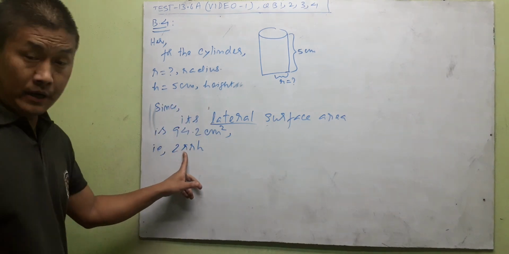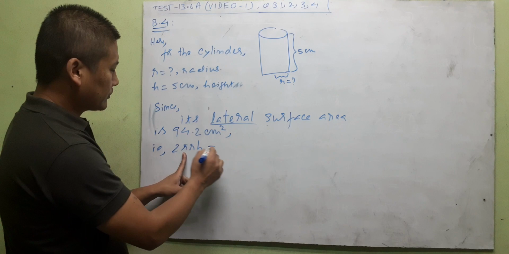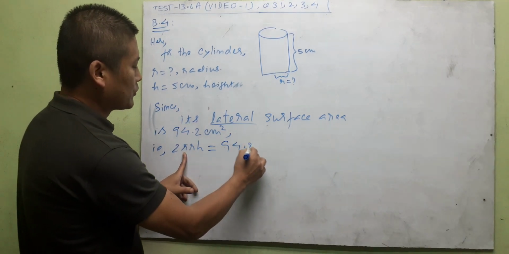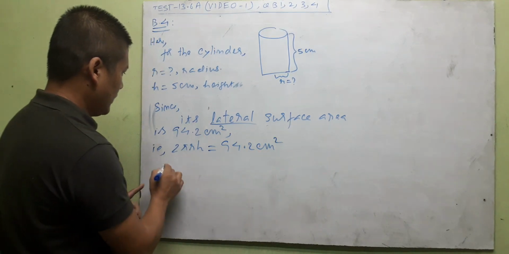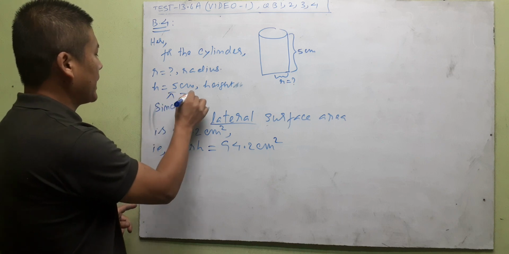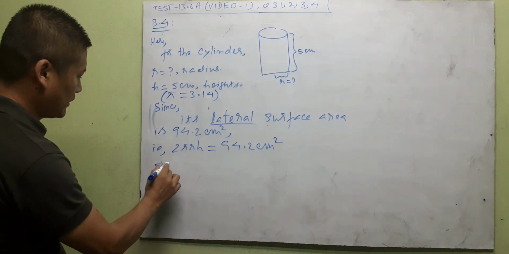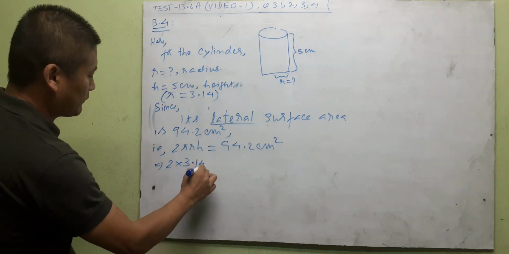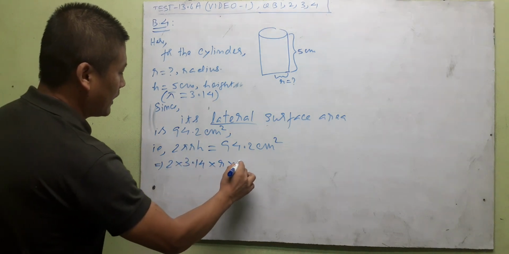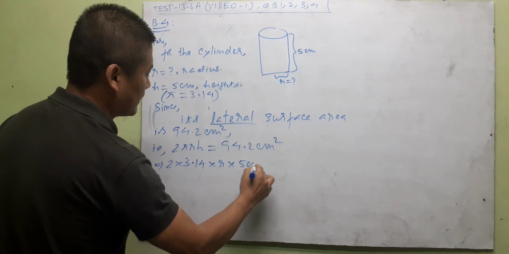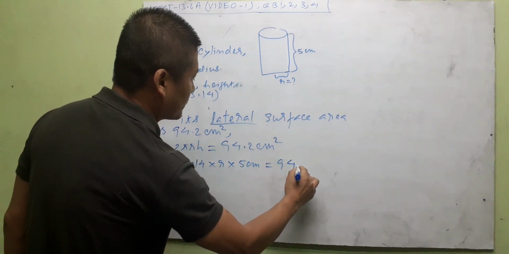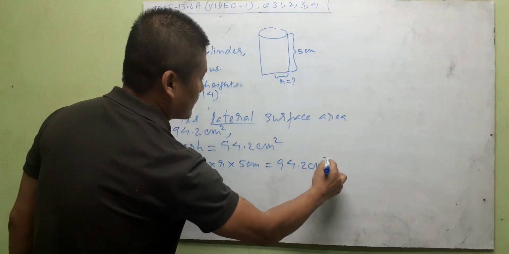Curved surface area is 2 pi r h is equal to 94.2 centimeter square. So please remember here we have to use pi as 3.14, not 22/7. So we write 2 into 3.14 into r, which is unknown, into h, which is 5 centimeter, is equal to 94.2 centimeter square.